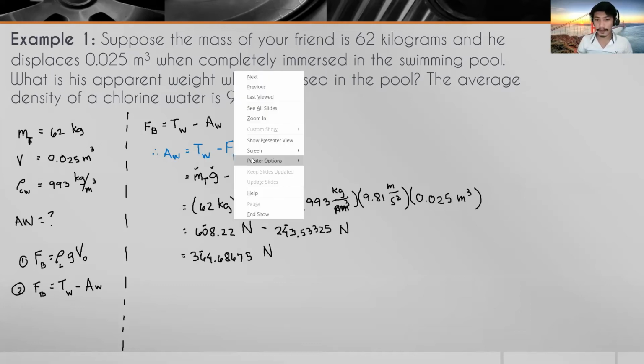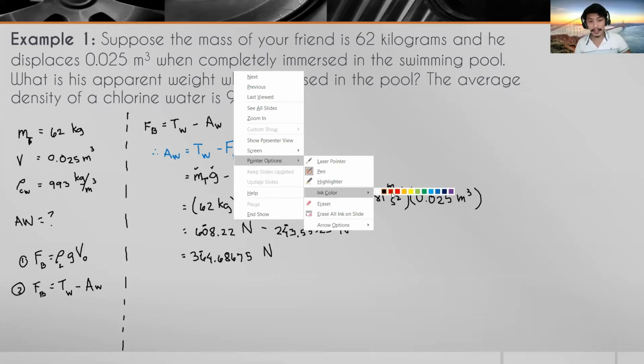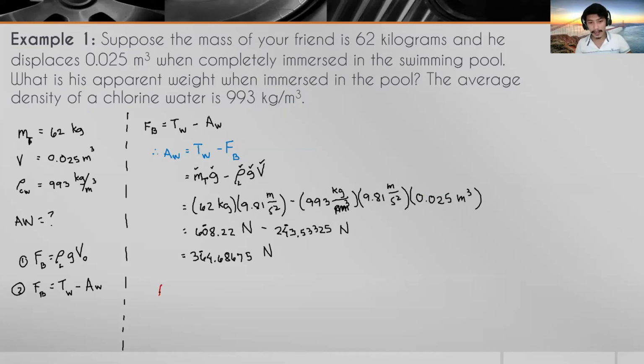We only need 2 significant figures. Hanggang dyan lang tayo sa 6, hanggang sa 10th place lang. So our final answer, apparent weight is equivalent to 360 Newton. Okay? 360 Newton.